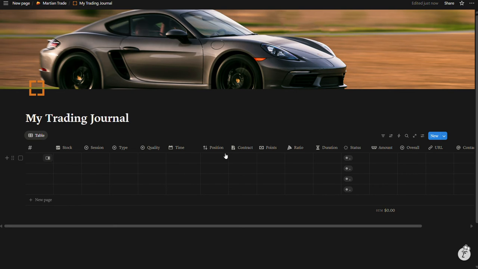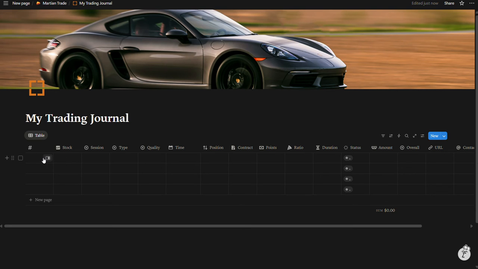I have been using Notion for my journal for more than 2 years, and I've been updating it, adding so many sections, then deleting and refining it. So I think this template that I'm gonna give you today would be the most useful template that you've ever seen in your trading journey.